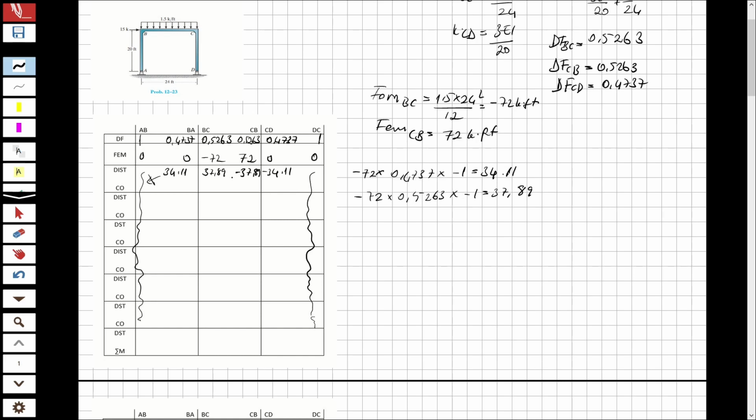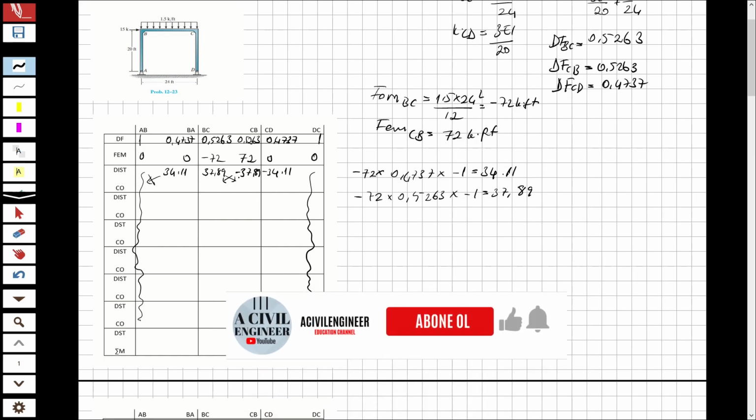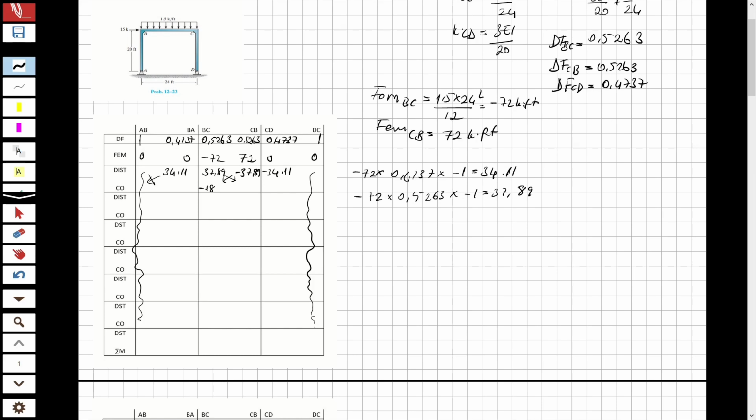So now let's take the carryovers. Half of this one will come here. It will be minus 18.95. Okay, this will be 18.95. And I'm going to take this one, multiply with the BA distribution factor, and write the negative of that here.